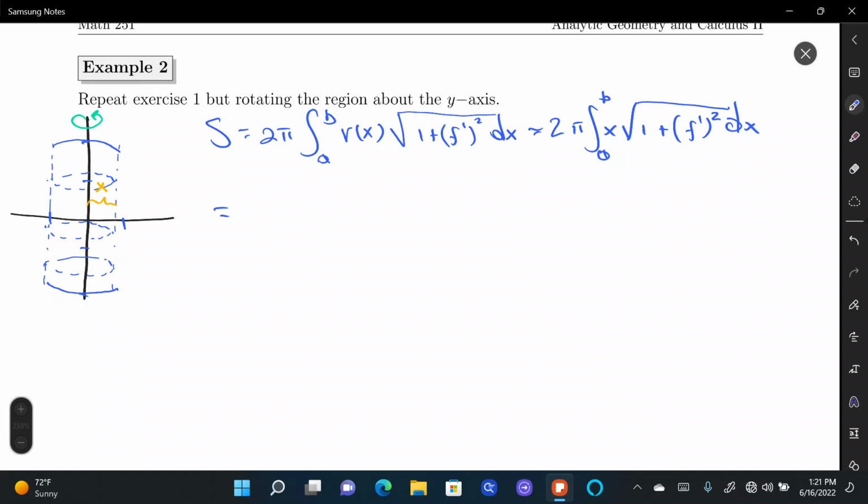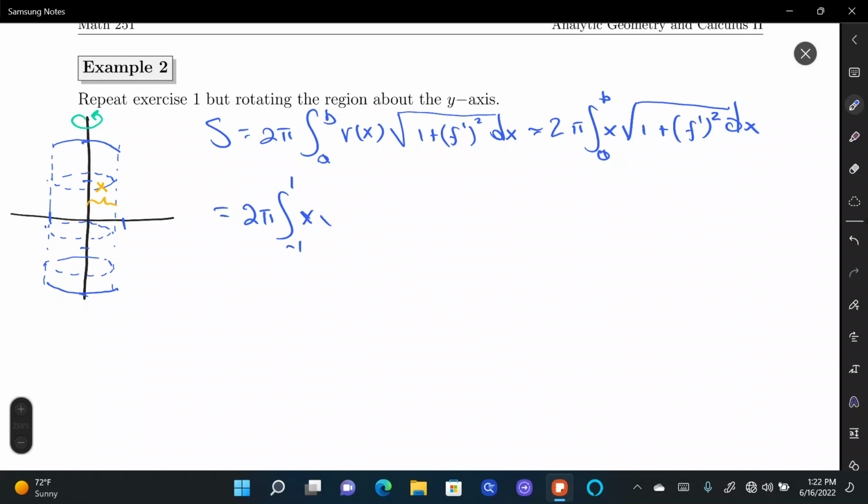Okay, it's time to do the substitution. So 2 pi, the integral from -1 to 1 of x times the square root of, to avoid wasting a lot of time, this is what we got from last time.